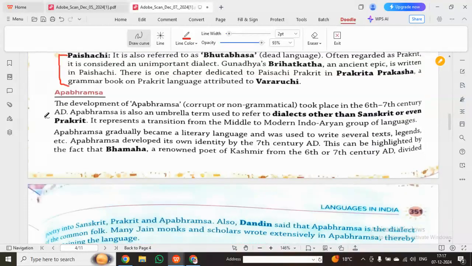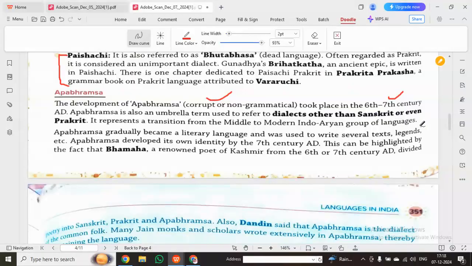अपभ्रंश जो लास्ट लैंग्वेज थी, in this the development of Apabhramsa, which is corrupt or non-grammatical, took place in 6th and 7th century AD. Umbrella term to refer to dialects other than Sanskrit or even Prakrit.